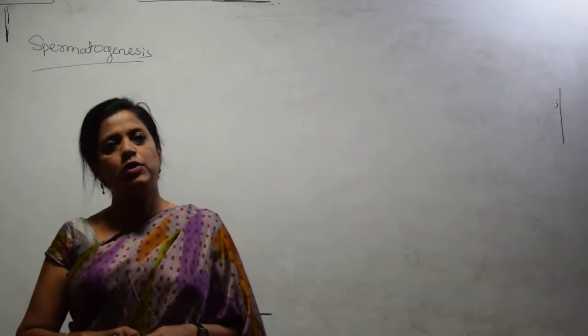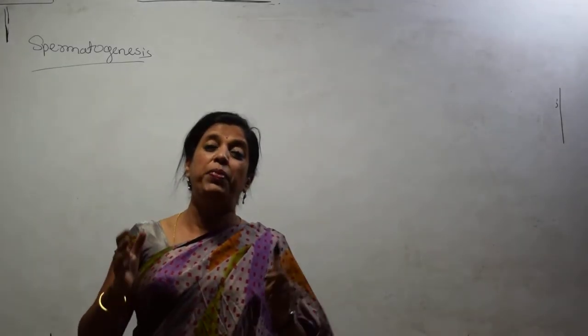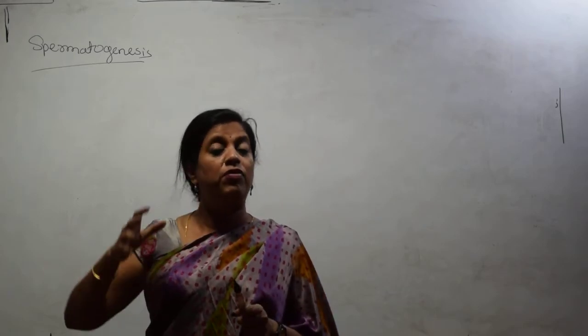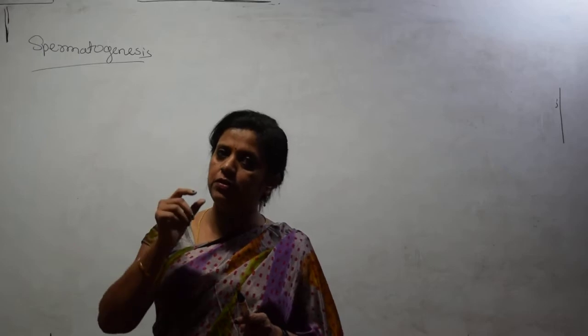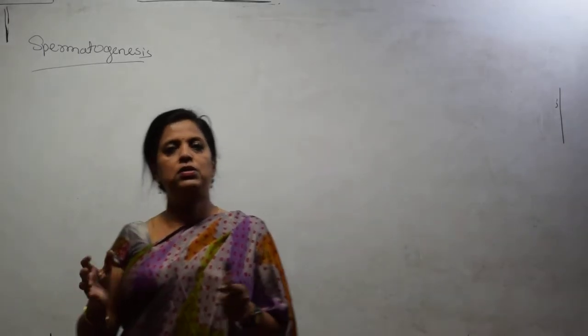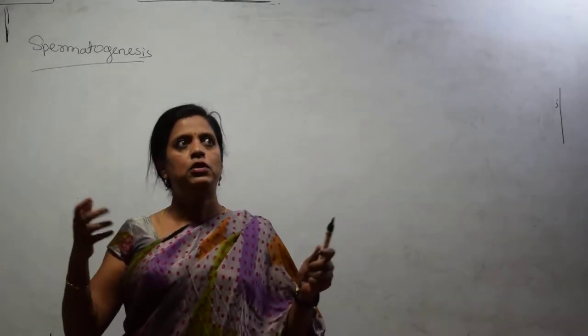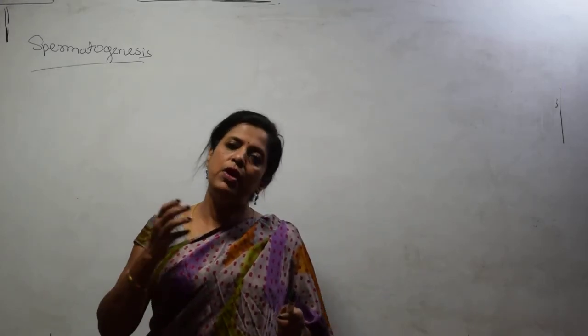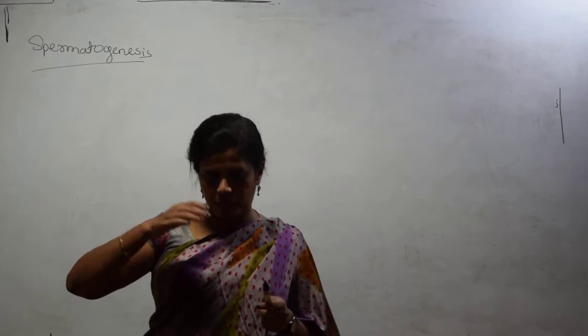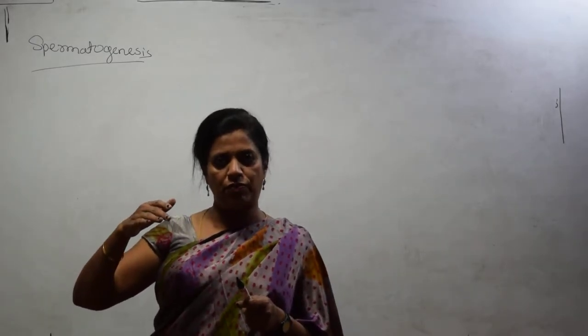If we start with spermatogenesis, we are going to begin the process from the inner layer or lining of the seminiferous tubules. You cannot just directly write that the sperms are formed and released. No, we are going to talk in a stepwise, sequence-wise fashion.